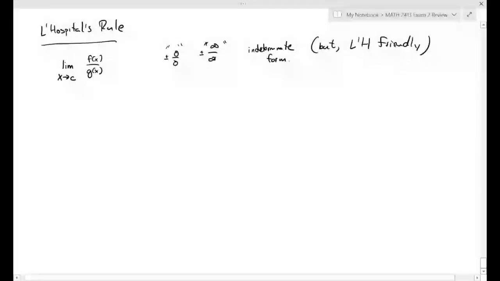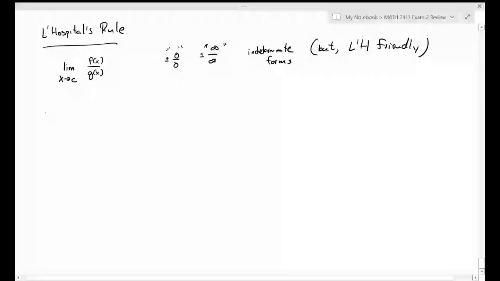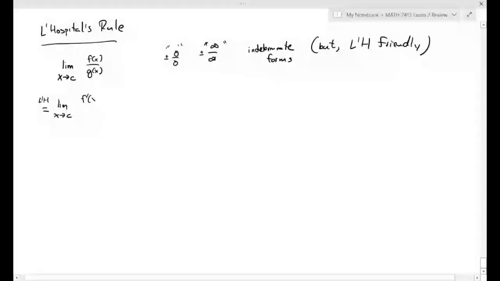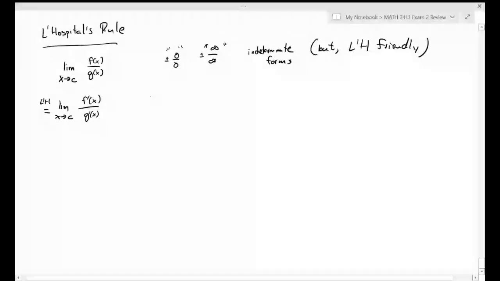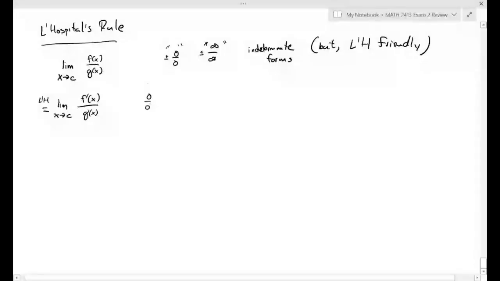When we apply L'Hopital's, we just differentiate the top and the bottom separately from one another. No quotient rule. And if the limit exists, then we will get a limit, even if we have to repeatedly use L'Hopital's rule, because there's nothing stopping us from getting 0 over 0, infinity over infinity again.